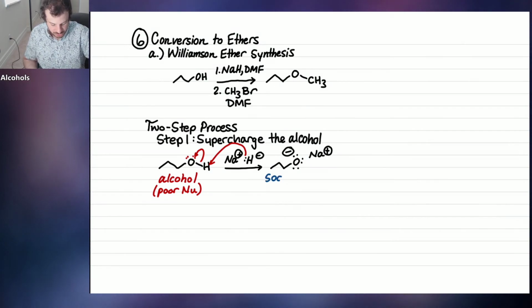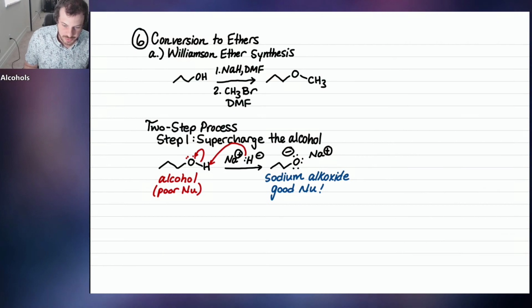So this is called the sodium alkoxide, and it's a good nucleophile. So step 1, the sodium hydride, turns a bad nucleophile, the alcohol, into a good nucleophile, the sodium alkoxide. The byproduct of the reaction, of course, is H2 gas, which bubbles away, driving the reaction towards completion.